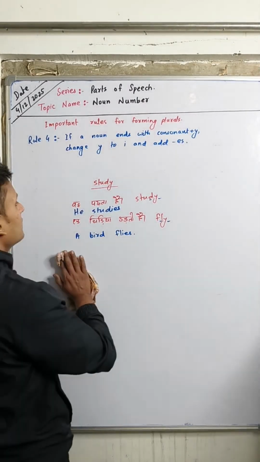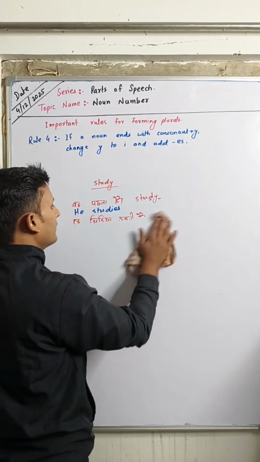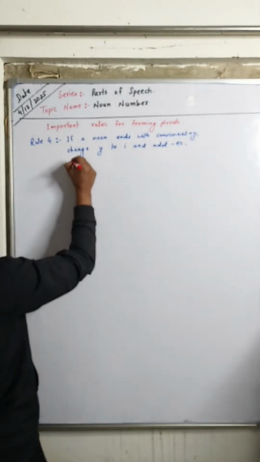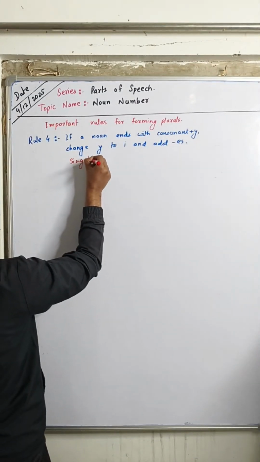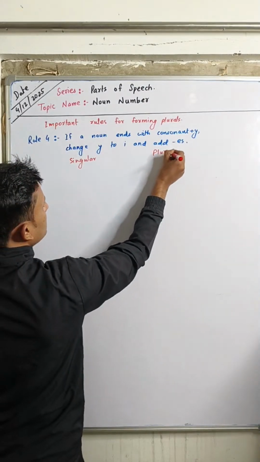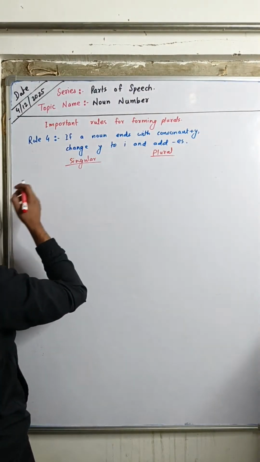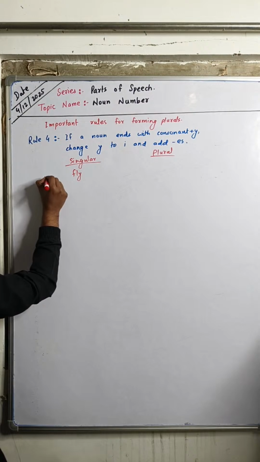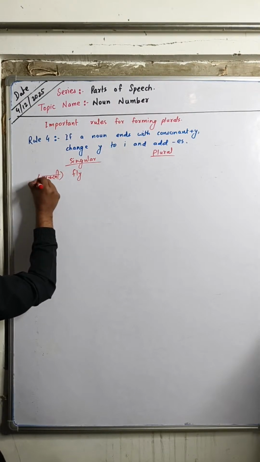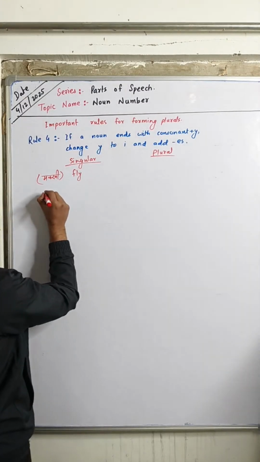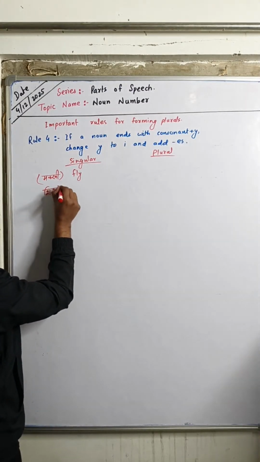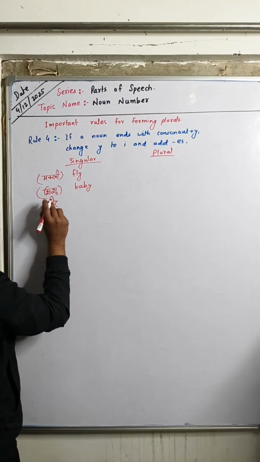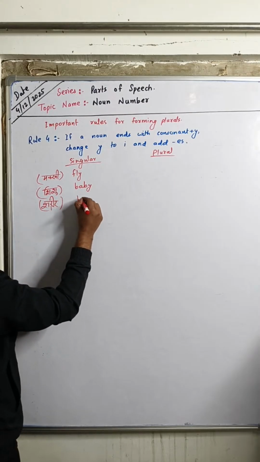So these are the verbs. Now we'll use them in nouns because we are learning noun numbers. Again, this word fly is a noun as well because इसको हम लोग बोलते हैं मक्खी. शिशु, baby, शरीर, body.